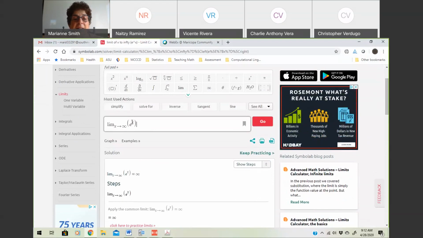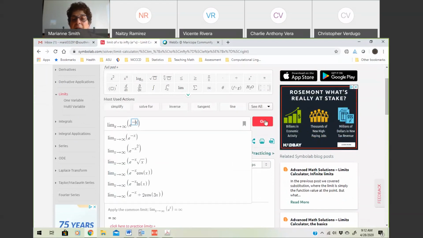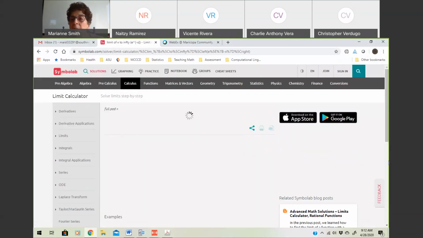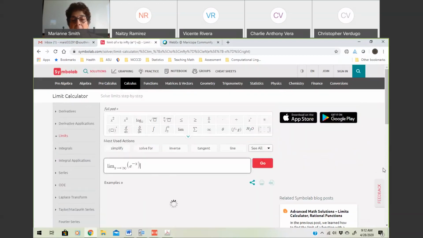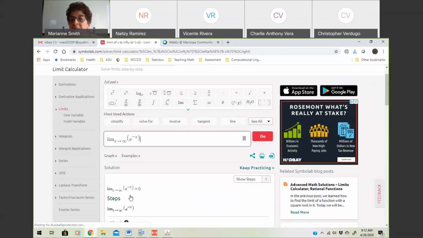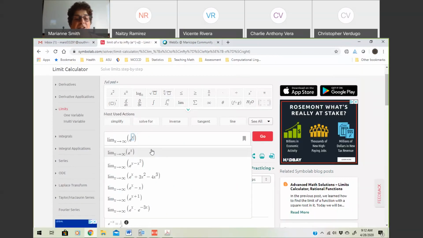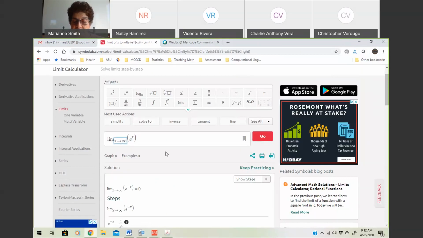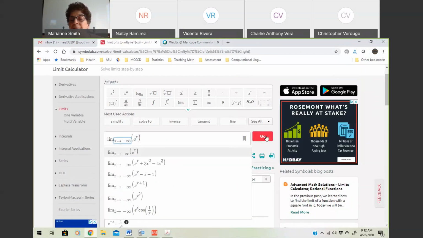Let me change it a little, and I'll put a negative sign in front, and I'll hit go. Okay, and you can see that limit is zero. Everybody see that? All right, now I'm going to go back to e to the x, but I'm going to change the bound on the limit to be negative infinity.